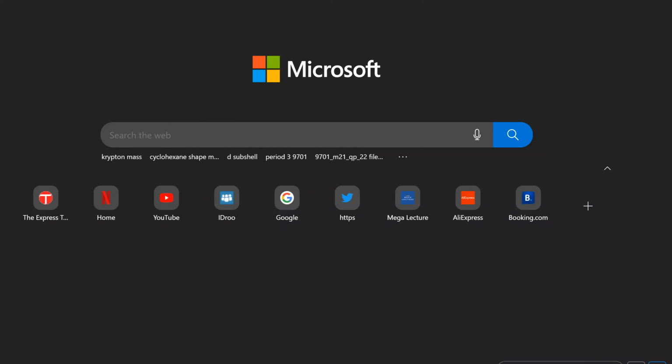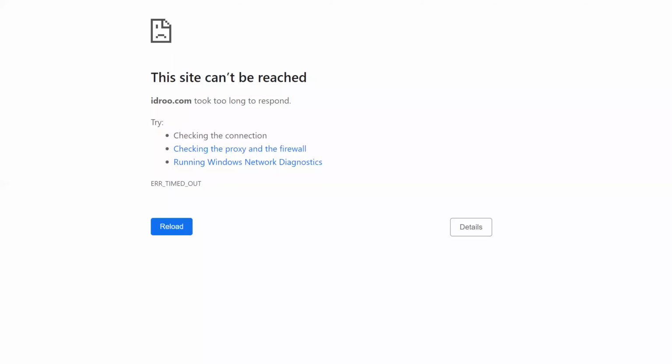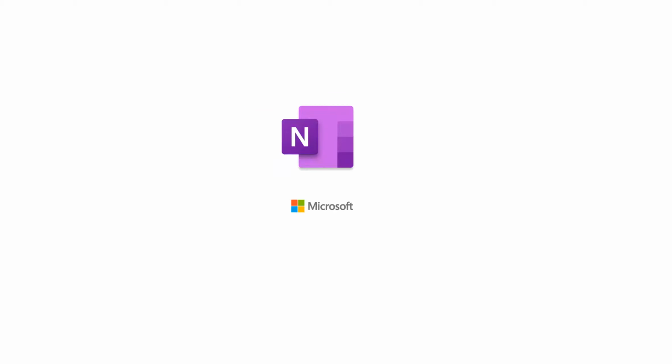Can you try and click the link in the WhatsApp group and see if this is working? Let me just open a different board.